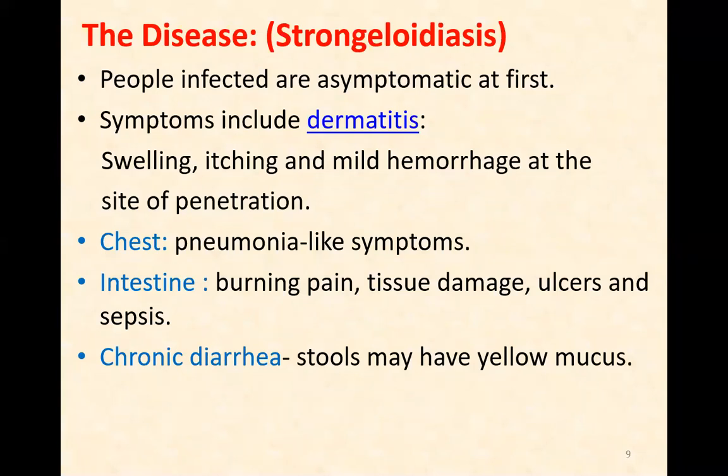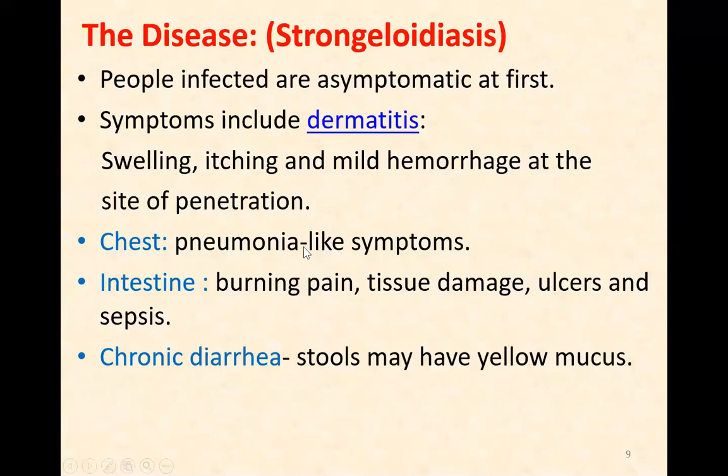Many of the people infected by this parasite remain asymptomatic. But when symptoms are there, there can be dermatitis, in which there is swelling, itching, and mild hemorrhage at the site of penetration of the skin. While penetrating through the alveolar septa, they can produce pneumonia-like symptoms.